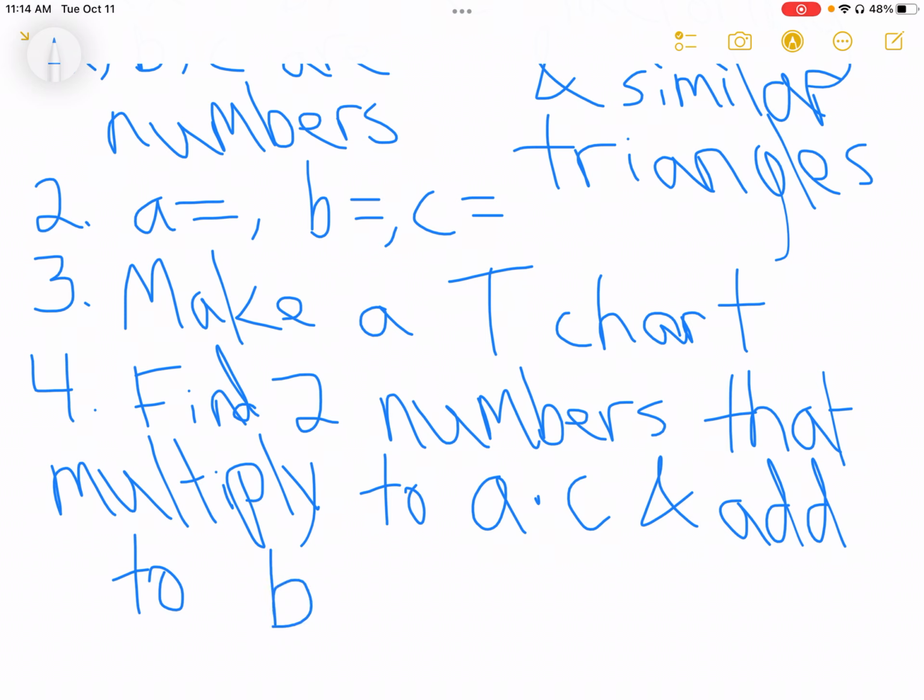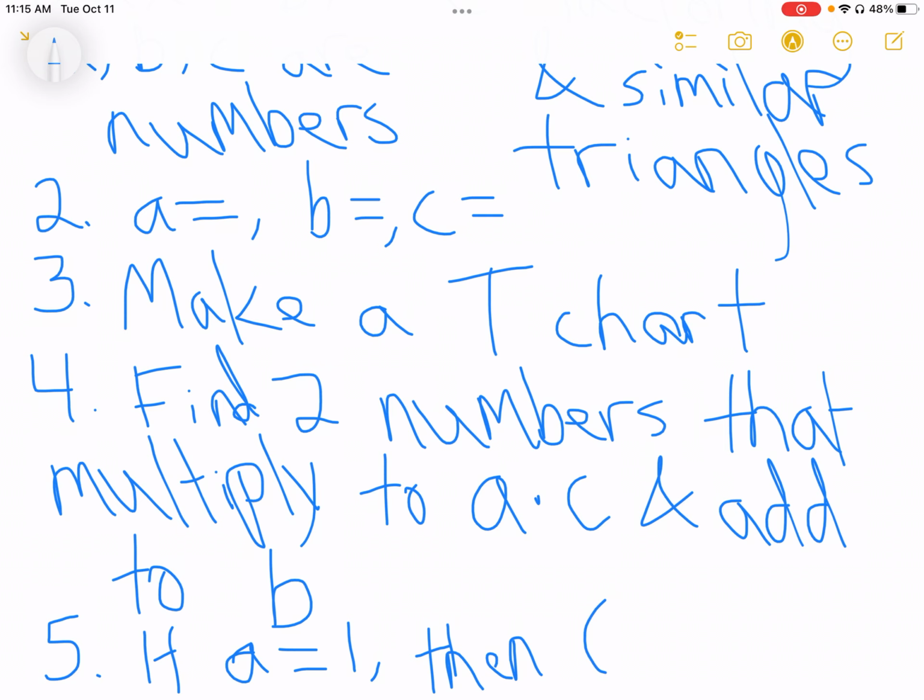Okay, and then one other thing here, last step: if a equals 1, okay, so that's that term we were just talking about, then our answer will have something like this.